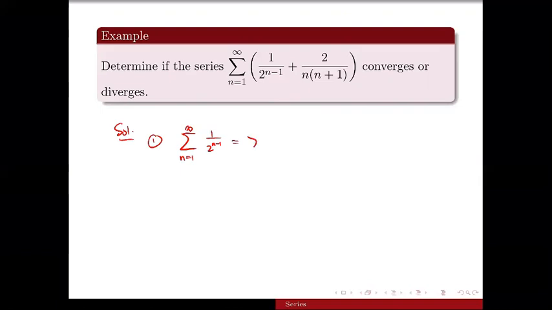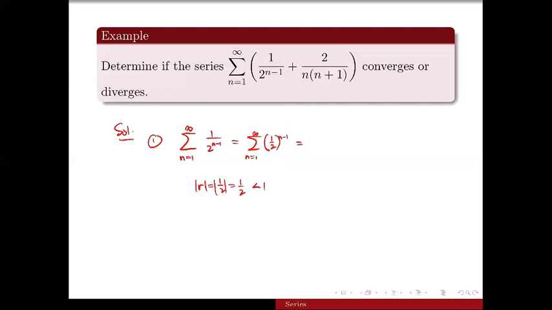But this is just what? The sum from 1 up to plus infinity of 1 half raised to n minus 1. Correct? The absolute value of r is just 1 half, which is less than 1. So this guy here is convergent.